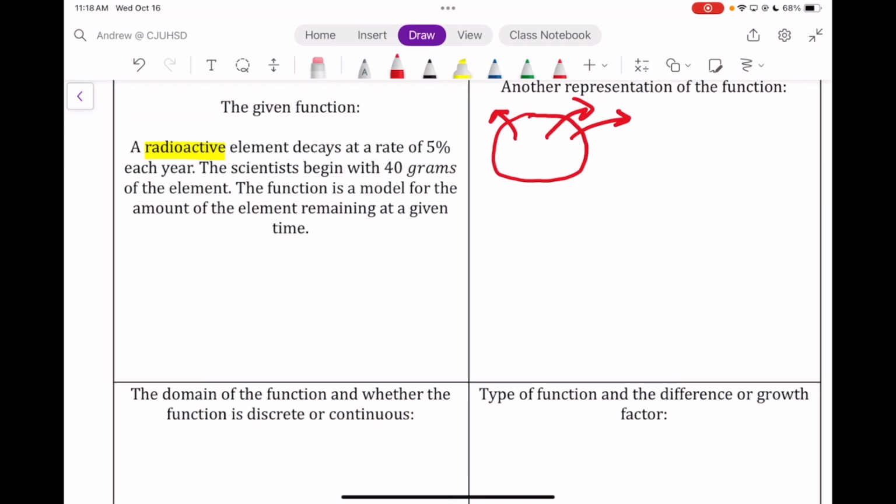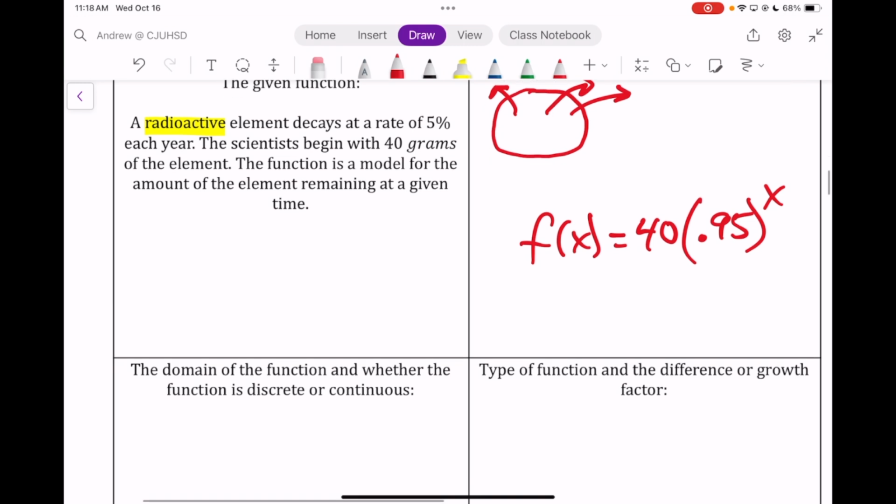Okay, in fact, we could model it as f of x equals 40, we're starting with, we're losing 5%, but that means we're retaining 95%. And we're starting at time 0. So that would be to the x. It's continuous. And the domain, well, if you think about it, we're starting at time 0.